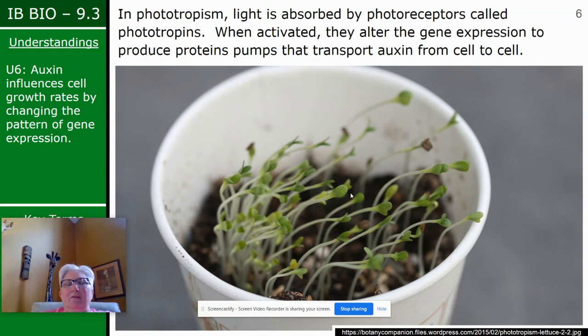So the auxins do better in the shade. So they're going to be stimulated, and they're going to move because of diffusion, right? As the water comes into that plant, it's going to diffuse and take the auxins from areas of higher concentration to areas of lower concentration. And that's going to be on the underside here. Because we have a concentration of auxins on the other side or away from light, that's where we get the bending, right? The upper portions that have less auxins will bend toward the light.